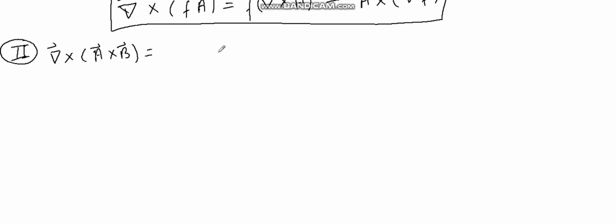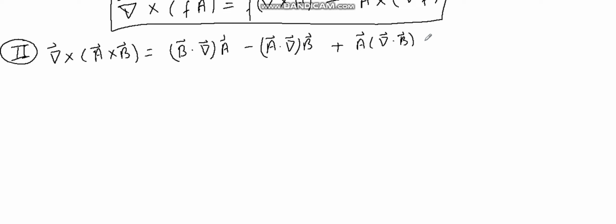Okay, so it is going to be b dot del acting on a minus a dot del acting on b plus a times del dot b minus b times del dot a.